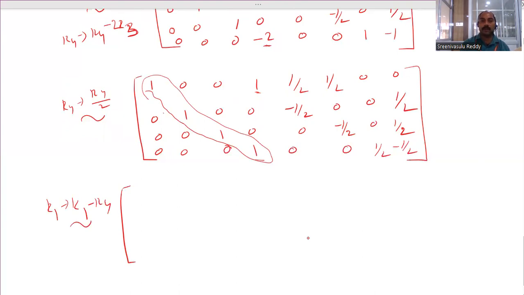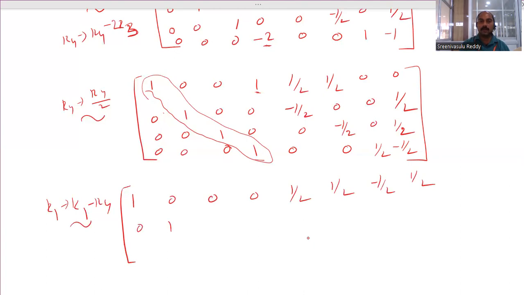Applying this operation, we get 1 minus 0, 1, 0 minus 0, 0, 0 minus 0, 1 minus 1, 0, 1 by 2 minus 0, 1 by 2, 1 by 2 minus 0, 1 by 2, 0 minus 1, 0 minus 1 by 2, minus 1 by 2, 0 minus of minus 1 by 2 plus 1 by 2. That's all.